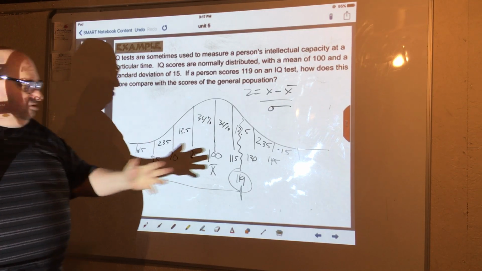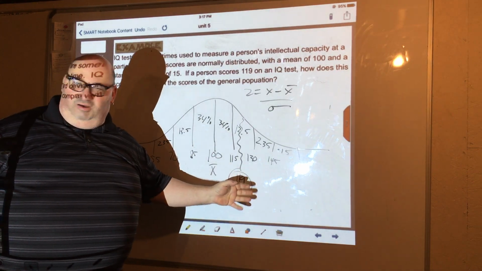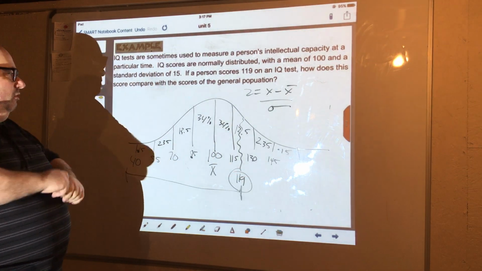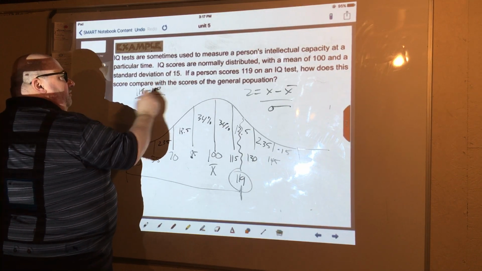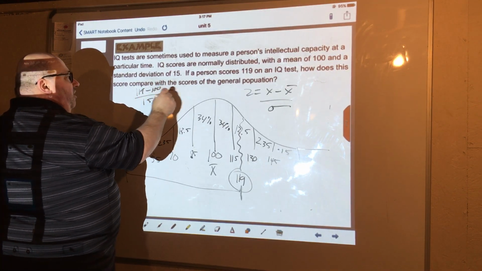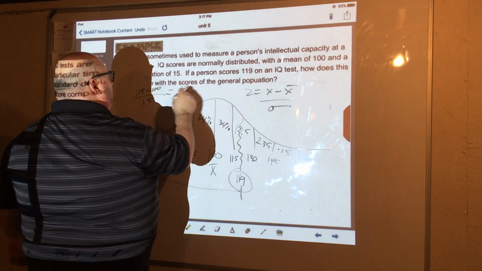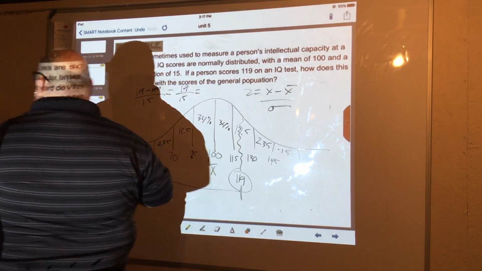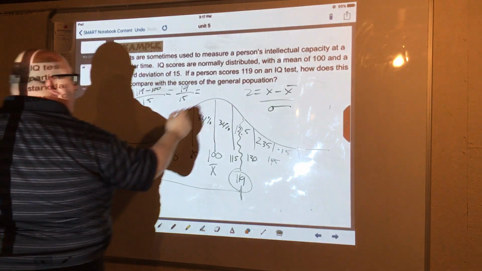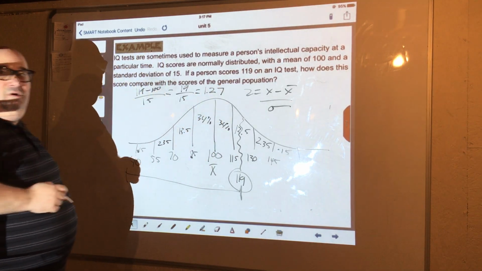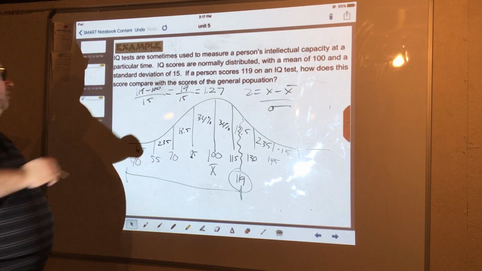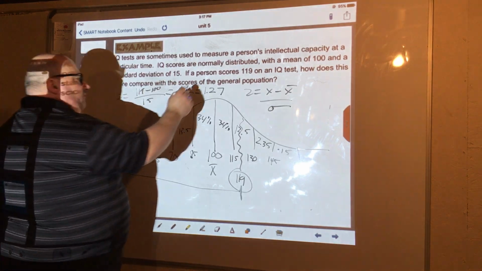And we have our x of 119. So we take 119 minus 100, divided by 15, and we get 19 divided by 15, which is 1.26 repeating. 1.27, we'll say. That's our z-score, and it's positive.